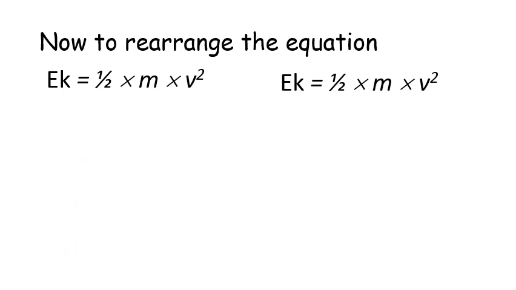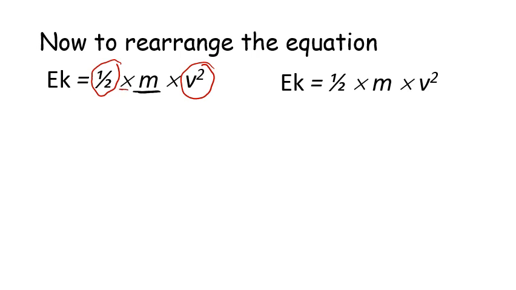Now we need to rearrange the equation. Questions could ask you to either calculate mass or velocity. The first one we're going to look at is mass. I need to find mass by itself. So the 1/2 and the velocity squared need to go across to the other side of the equal sign.